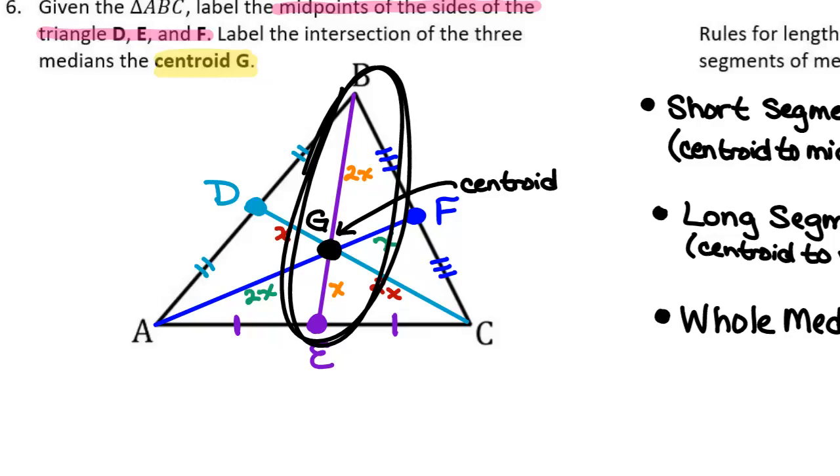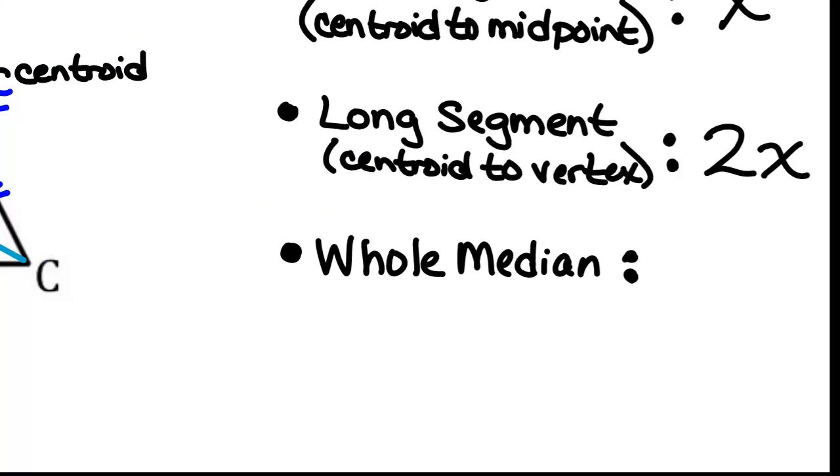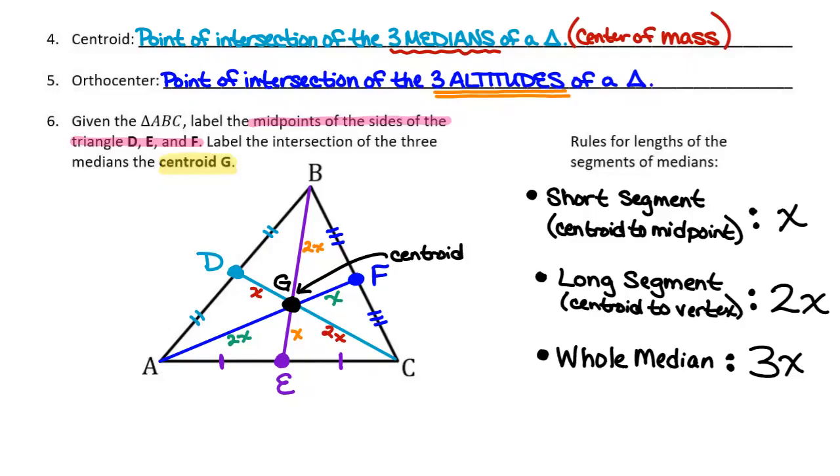If I take 2x and, sorry, 2x and x, I get 3x. So the whole median is 3x. Short segment we're going to call x. Long segment we're going to call 2x. So the whole median, when I put those two parts together, is 3x.